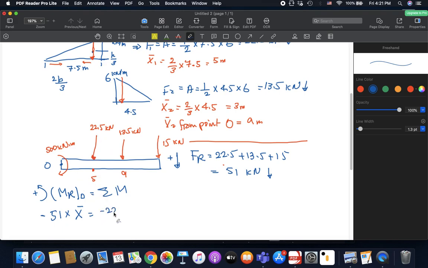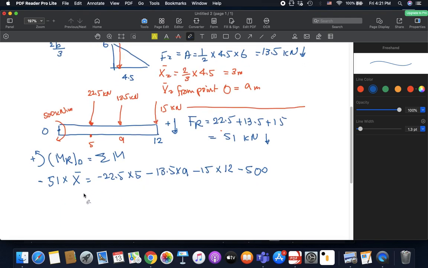So minus 22.5 multiplied by the distance 5, minus 13.5, and careful, negative, not because the force is going downwards, no, but because this force is causing a clockwise moment about point O. So minus 13.5 multiplied by 9, minus 15 multiplied by 12, so this point is 12, right? We said this is 12, the whole length, multiplied by 12. Also, we have to add this existing couple, minus 500.